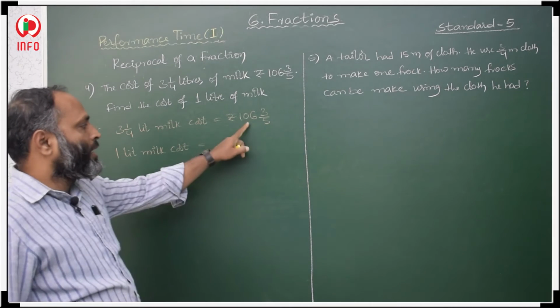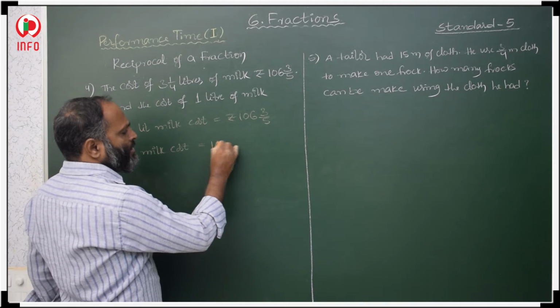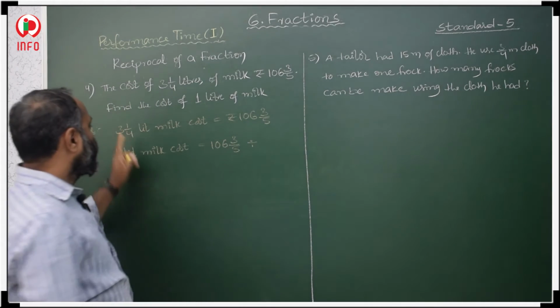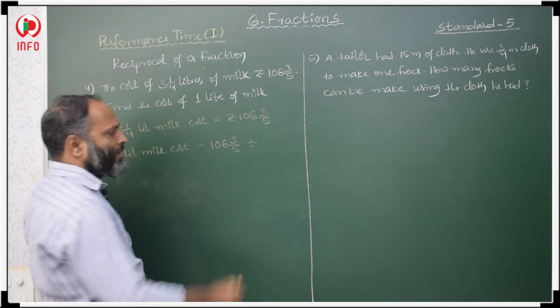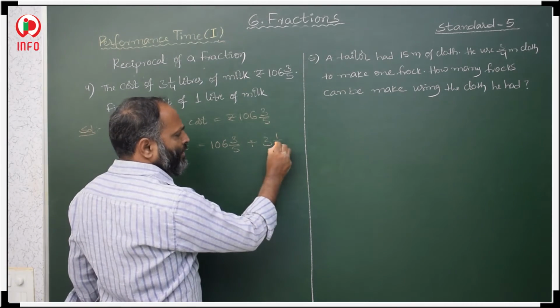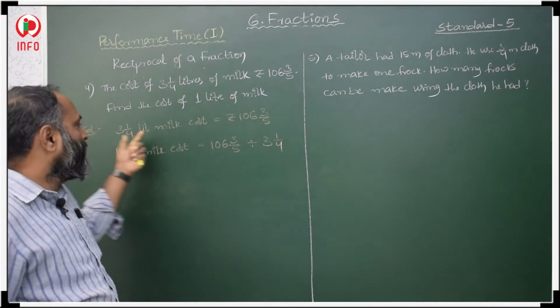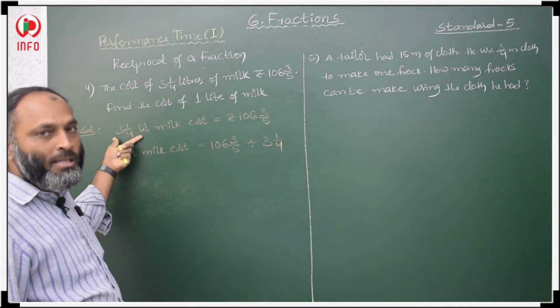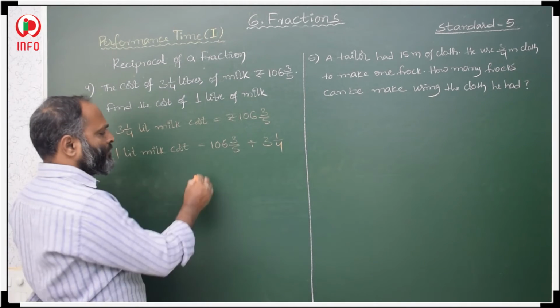So this total amount we have to divide by how many liters he purchased, that is 3 1/4 liters.